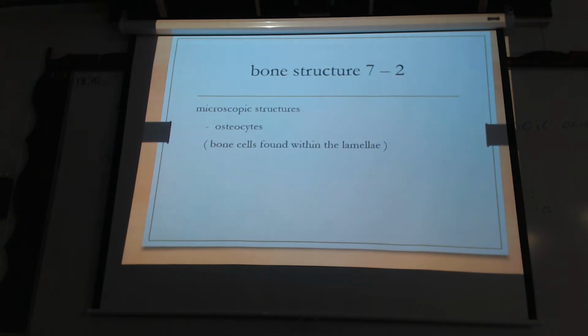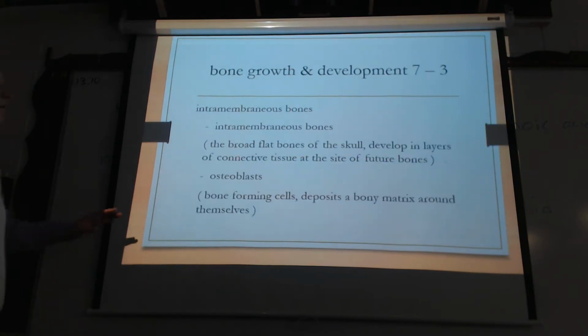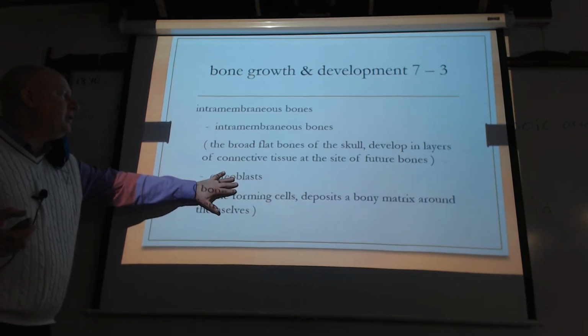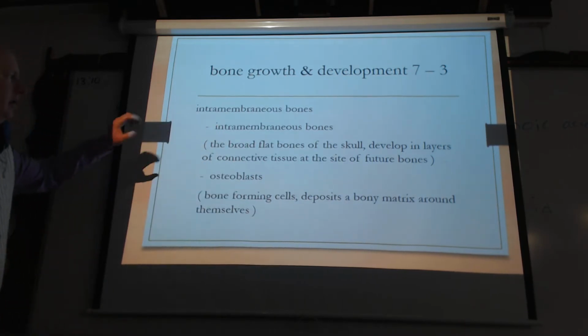But anyway, your bones are continually reshaped. And this is one of those types of cells that do this. But anyway, as far as intramembranous bones, one of the things that happens is this is setting the stage for a process that we call ossification.